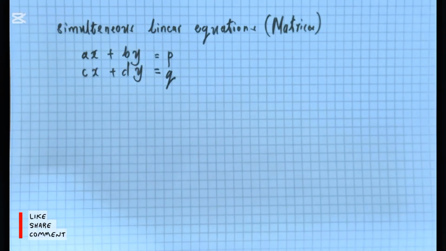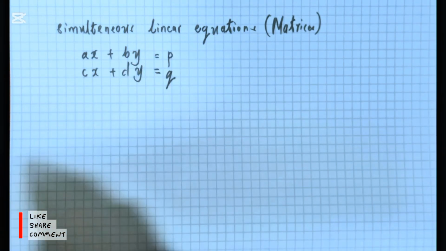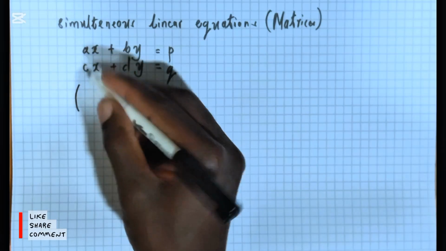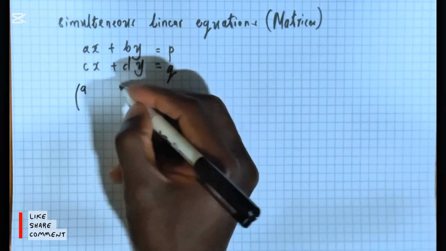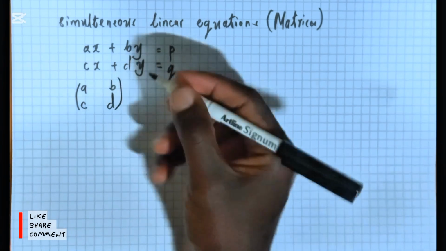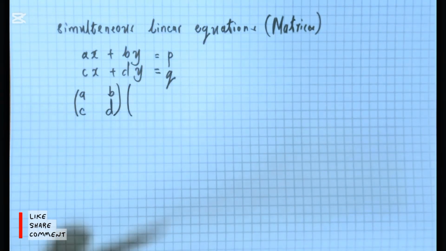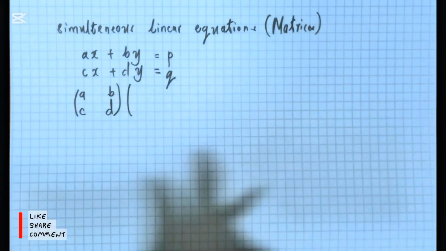So if you're going to solve these equations using the matrix method, you want to put all the coefficients in matrix form. So you're going to have a, b, c, and d forming our matrix there. And then we will multiply this coefficient matrix with the variable matrix.